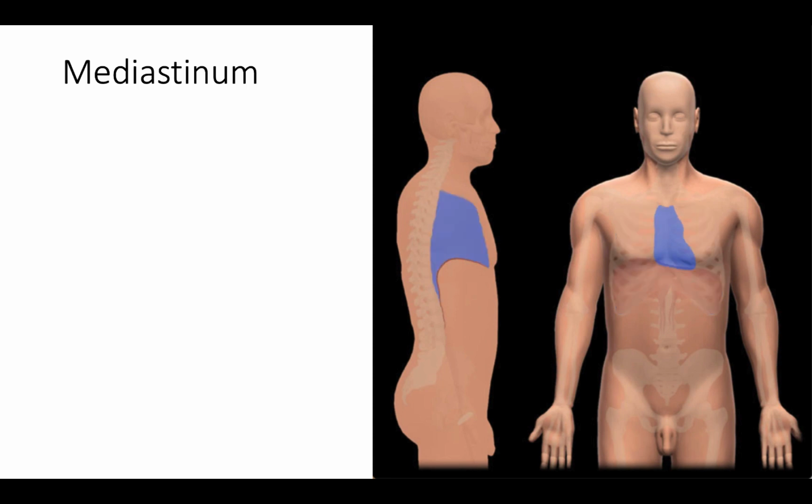The mediastinum, however you say it, I say mediastinum, is the area in between your two lungs. That's where the heart will be, and that's where the major blood vessels of the heart, plus the windpipe, which is called the trachea, and the food pipe, which is called the esophagus, would all be found in that mediastinum area.